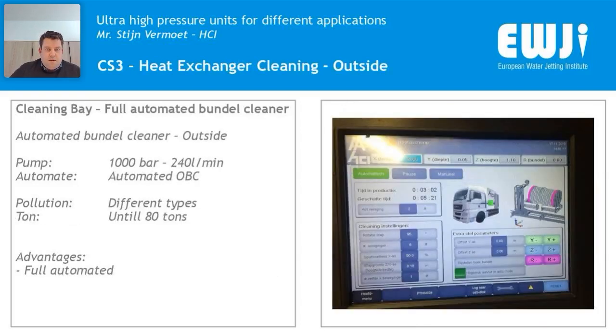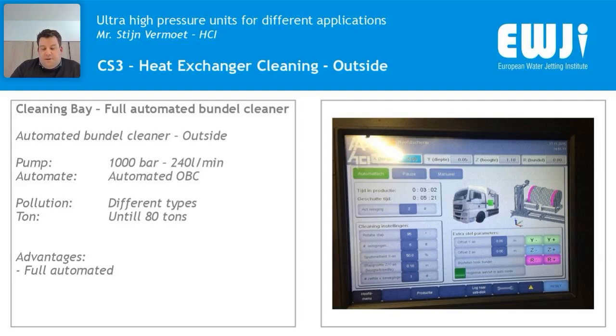I think it's always stupid to talk to a laptop, but I go further. Another topic is cleaning base. We use high pressure cleaning a lot in the cleaning base, so for the inside of heat exchangers, I go over that, but also for the outside. What we did is we innovated a fully automated outside bundle cleaner. You see the tablet screen in the picture.